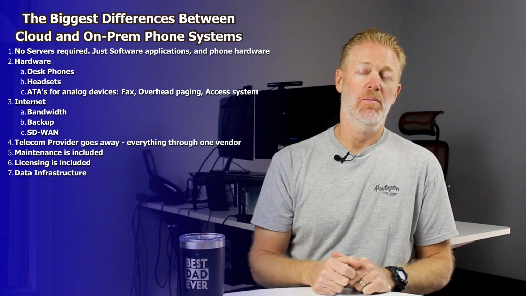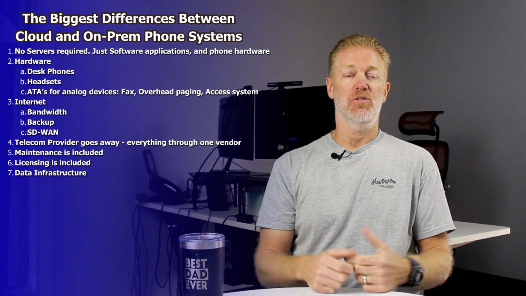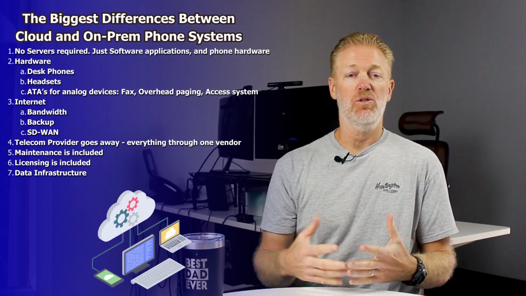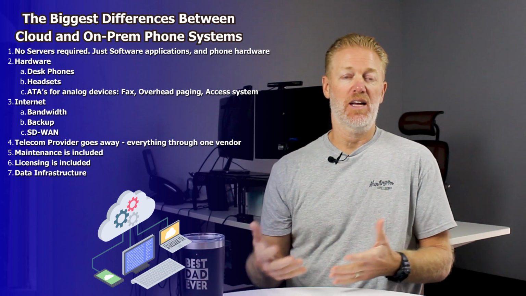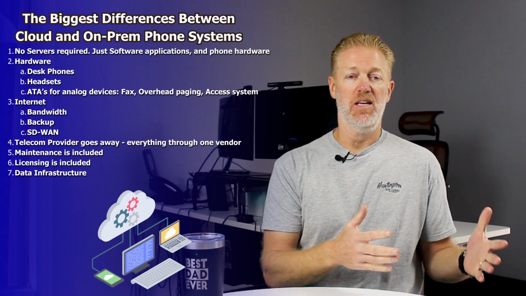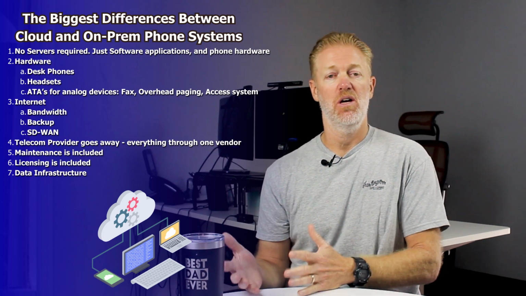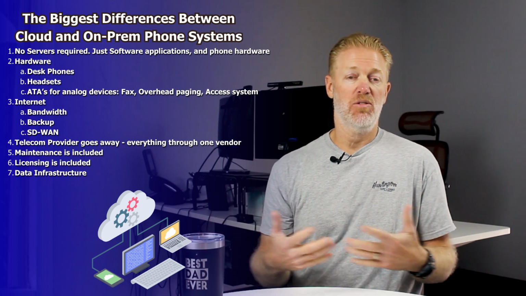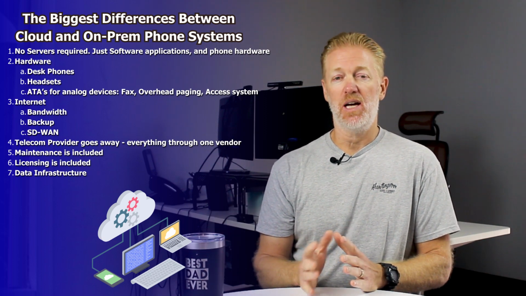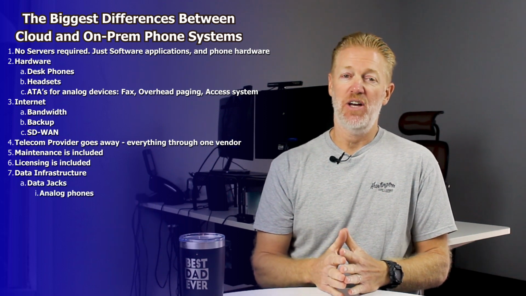Something you might be wondering about with a cloud phone system is your data infrastructure. Is our local area network ready for a cloud phone system? Maybe you have a TDM-based phone system today using like a PRI, something like that, and you're going to a cloud phone system. Hey, is our network ready for that? Well, a couple things you might want to check there. Data jacks.